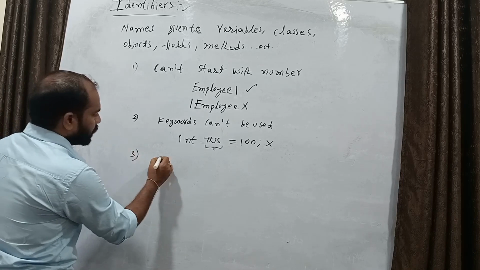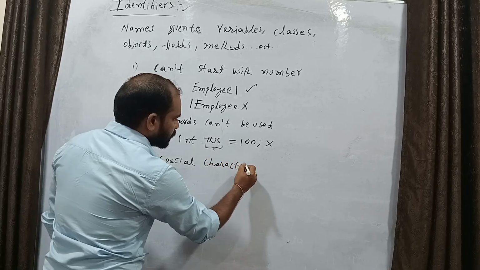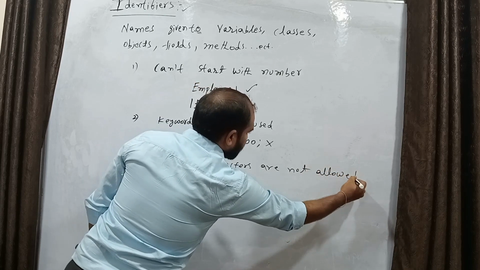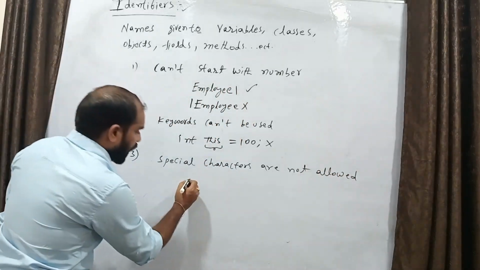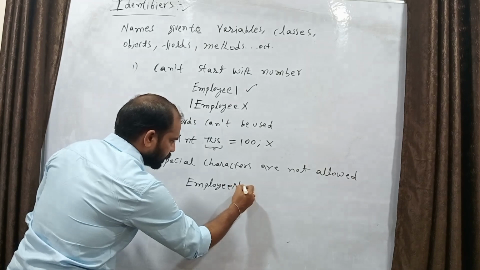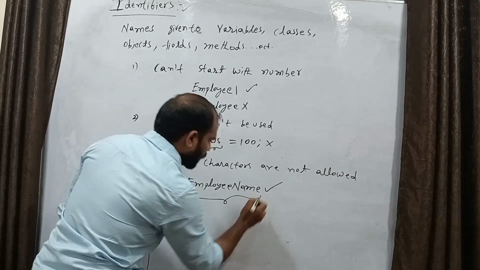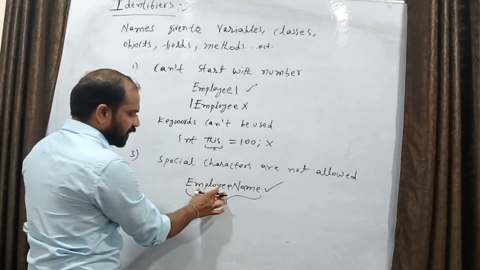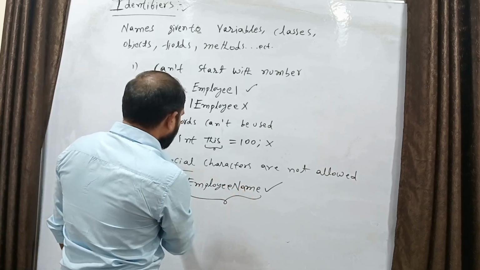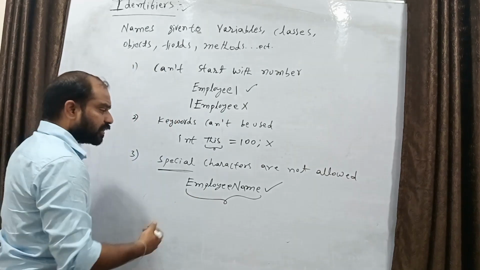And then coming to the third one, special characters are not allowed in the identifier name. For example, I have an identifier like this, employee name. You can create an identifier like this, but it consists of two words, employee and name. If you want to separate these words, you cannot use a space, a comma, or a dot. So what can be used?